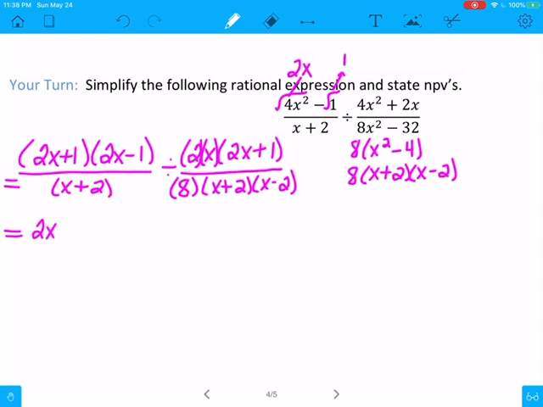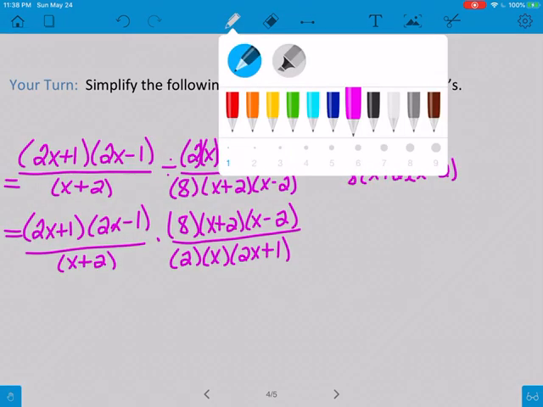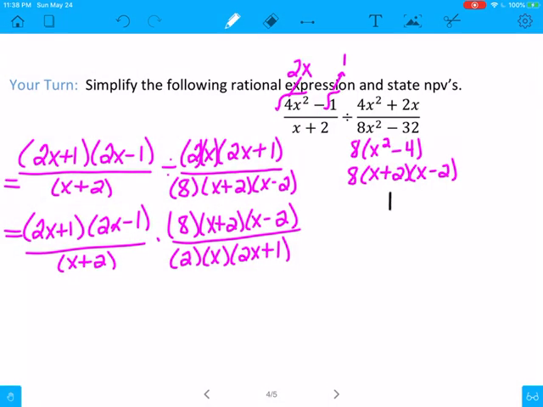So we get 2x plus 1, 2x minus 1, x plus 2, times 8, x plus 2, x minus 2, over 2x, 2x plus 1. So before I go to put these together, I have to state my non-permissible values.